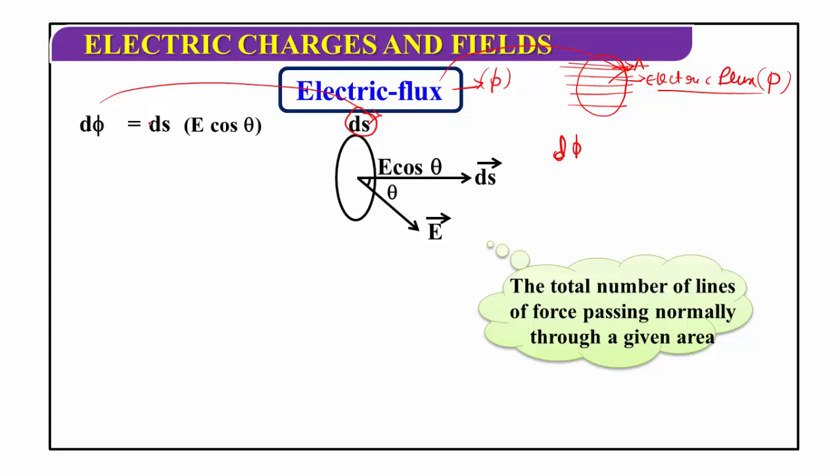Electric flux is defined as the product of the component of electric field along the normal to the surface and the area element, that is vector ds. Here electric flux is mathematically denoted by the symbol phi.